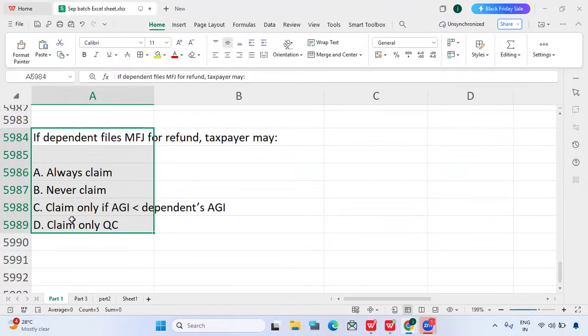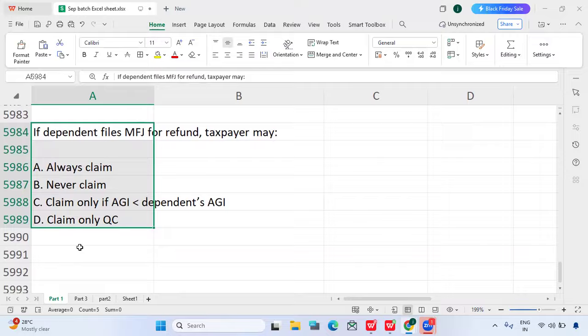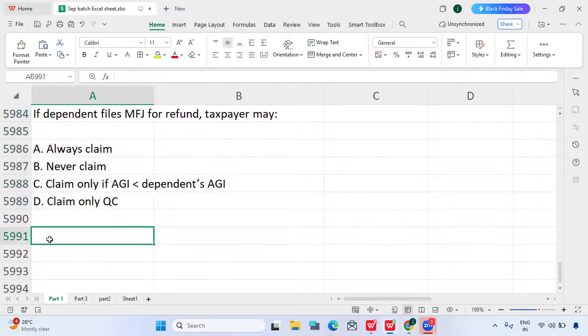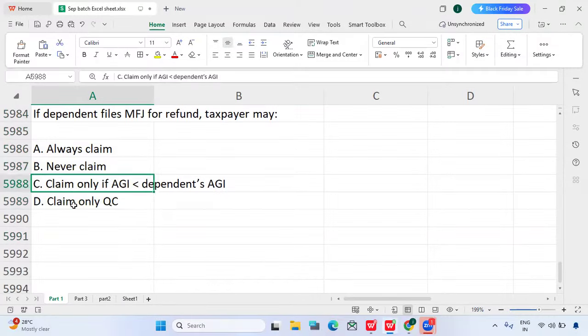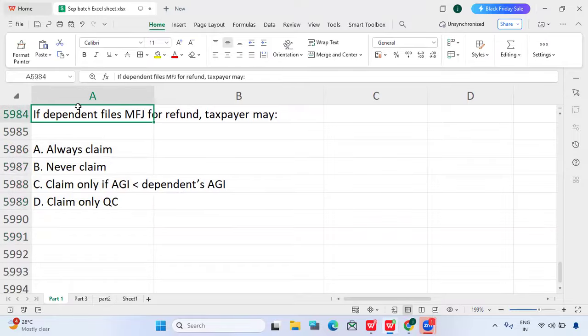Option A. The options are: always claim, never claim, only if the dependent's AGI is less than a limit, or only QC.